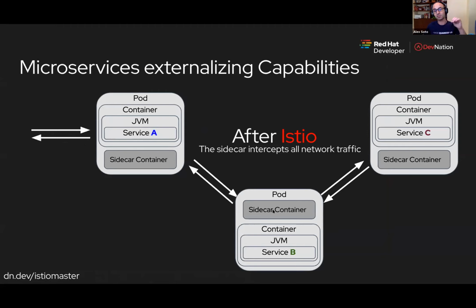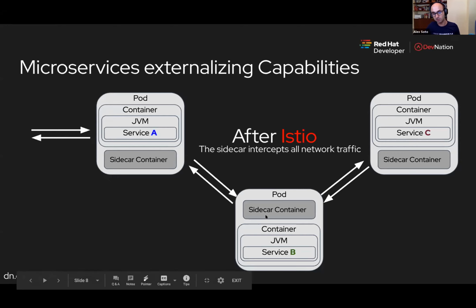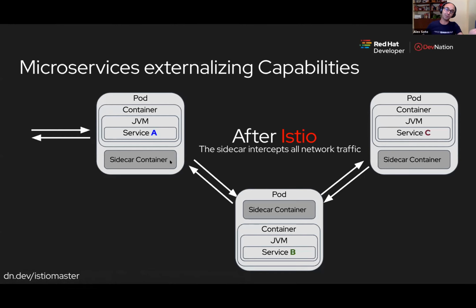This sidecar container then does the request to service B. And when it gets a response, this response is sent back to the sidecar container, and the sidecar container sends it to the other sidecar container and then to service A. So you can see that there is never a direct connection between A and B, but all the traffic is intercepted and done with this sidecar container.